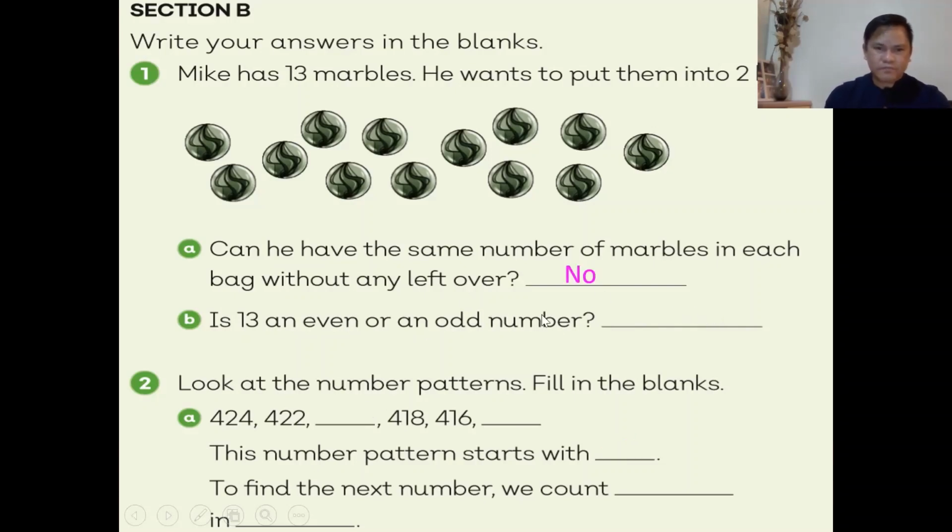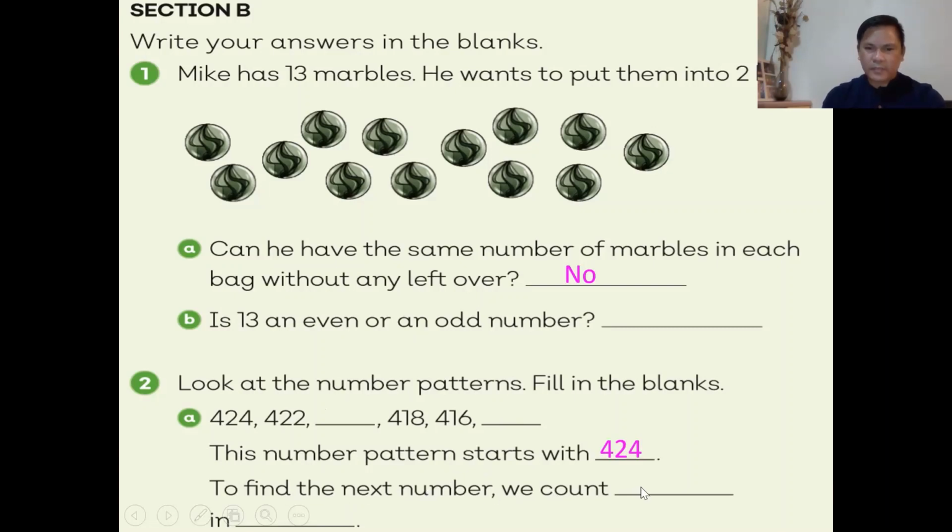Okay. Number 2. Look at the number pattern. Fill in the blank. 424, 422, going backward. What's the pattern here? 424, 423, 422. So you count backward, less 2. What is the answer? So the number pattern starts with 424.